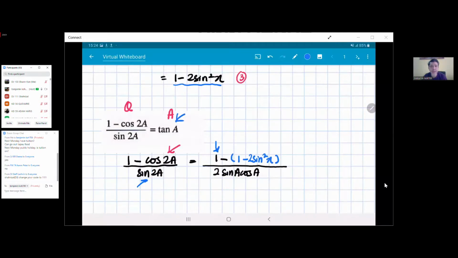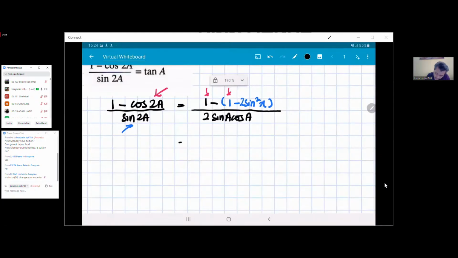Boleh faham? Again, kenapa pakai number 3 punya formula? Because when you buka the kurungan, this is 1 minus 1, so 1 minus 1 becomes 0. We want the 1 to hilang because the answer does not contain 1. The answer only contains tangent. So when I expand the top, yang bawah no change.